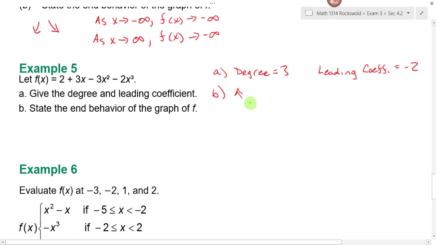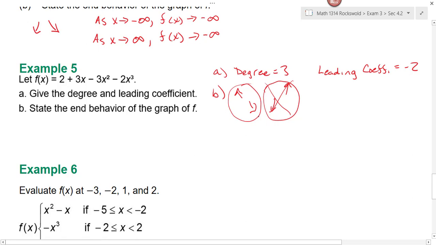So are they going to look like this, or are they going to look like this? Which one? These are both pointing in opposite direction. Do I choose this one or this one? The first one or the second one? I choose the first one. It's not this one because this is negative. The leading coefficient is negative, so you start at the top and work your way down as you move from left to right.